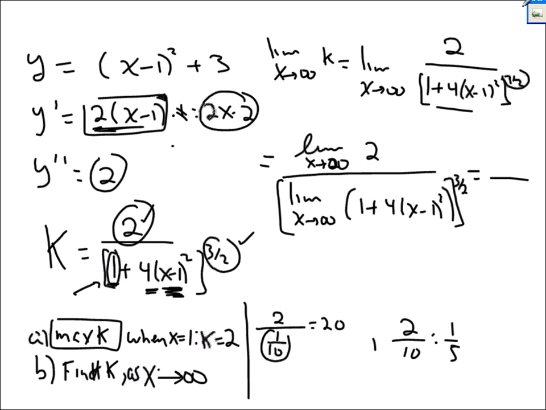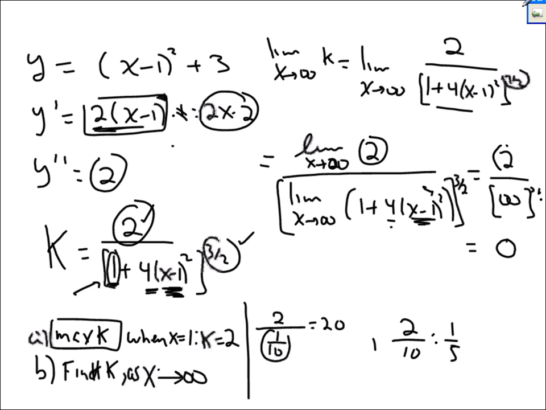Okay. As x goes to infinity, the number 2 doesn't care, it stays 2. Limit to the 3/2. As x goes to infinity, x minus 1 blows up, goes to infinity, you square it, it's infinity, you multiply it by 4, it's infinity, 1 plus infinity is infinity, infinity to the 3/2 is infinity. 2 divided by really, really large is 0.